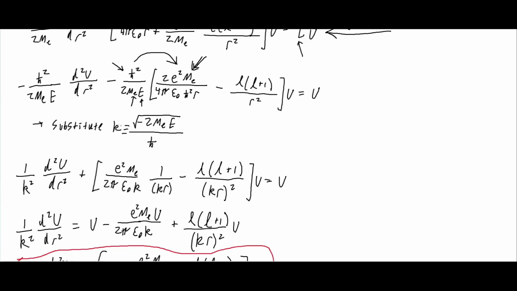When we distribute the k back in, we end up with a k here in the denominator, and then we have this other k here, suggestively separated out that way so that we have this kr right here, because we're going to use that to make another substitution.